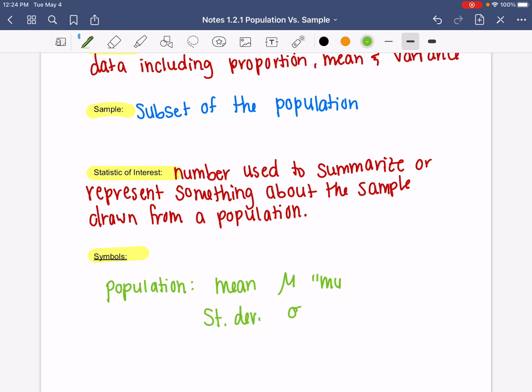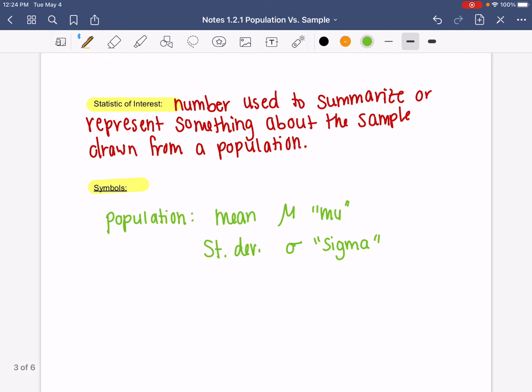And if we're talking about the sample, for mean we use X bar, and for standard deviation, if it's a sample, we use S.